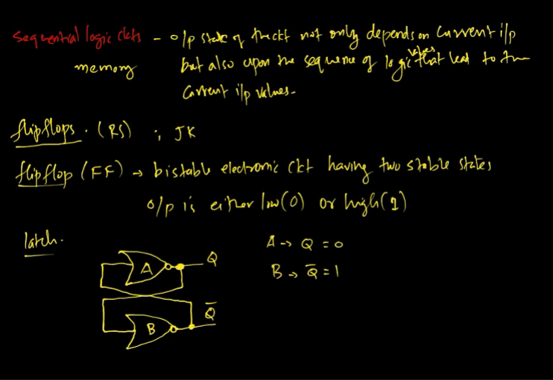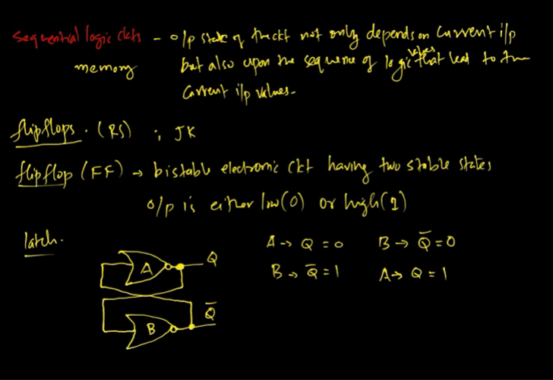In the other case, if you consider the output of B is low, that is Q bar is equal to 0, then this output of B is the input of A. So the input of A will be low. If the input of A is low, then its output Q will be high.